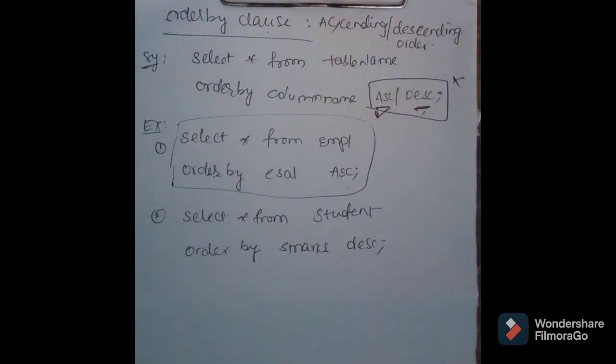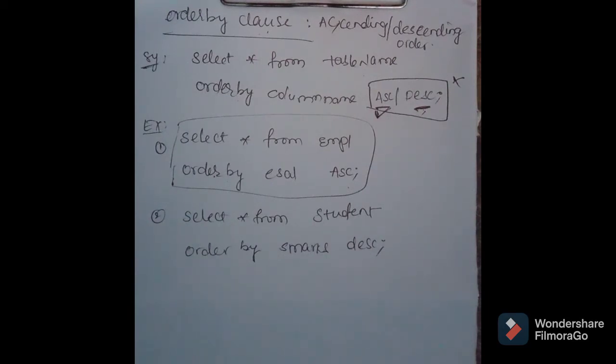That means by default the column values are arranged in ascending order. If you write specifically descending order, the descending order will come. If you write ASC, ascending order will come. If you are not specifying either, the values will come in ascending order. Ascending order means nothing but increasing order. Descending order is nothing but decreasing order.